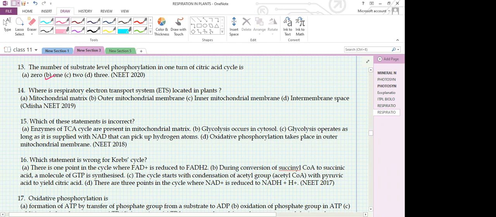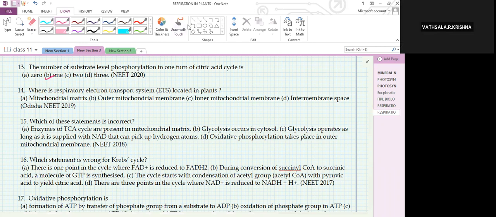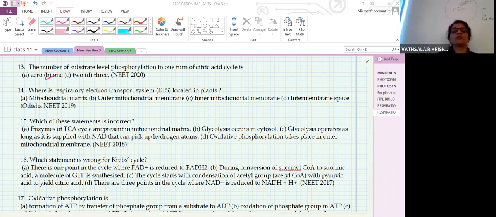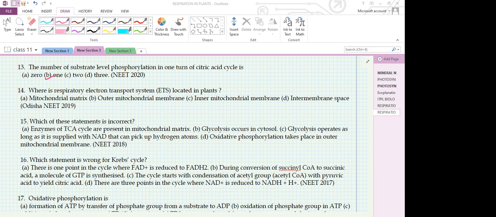Guys, when the succinyl-CoA loses coenzyme A, it forms GTP, which is nothing but ATP only. So succinyl-CoA loses coenzyme A to become succinic acid. Is that particular step given in your textbook? No, ma'am. Add it.